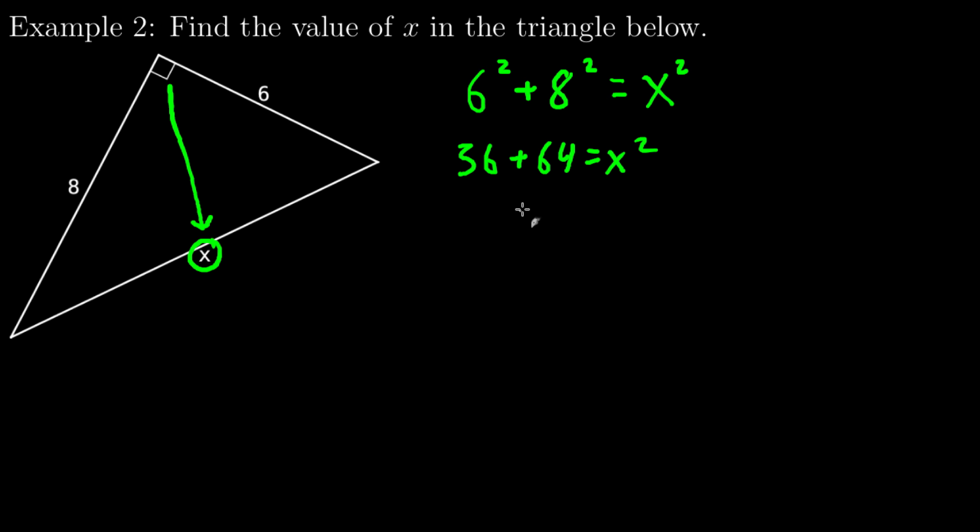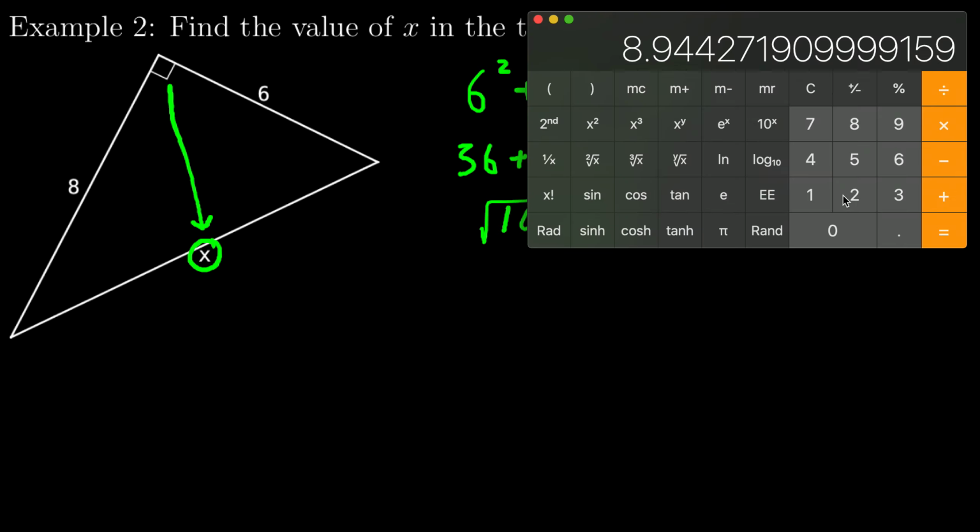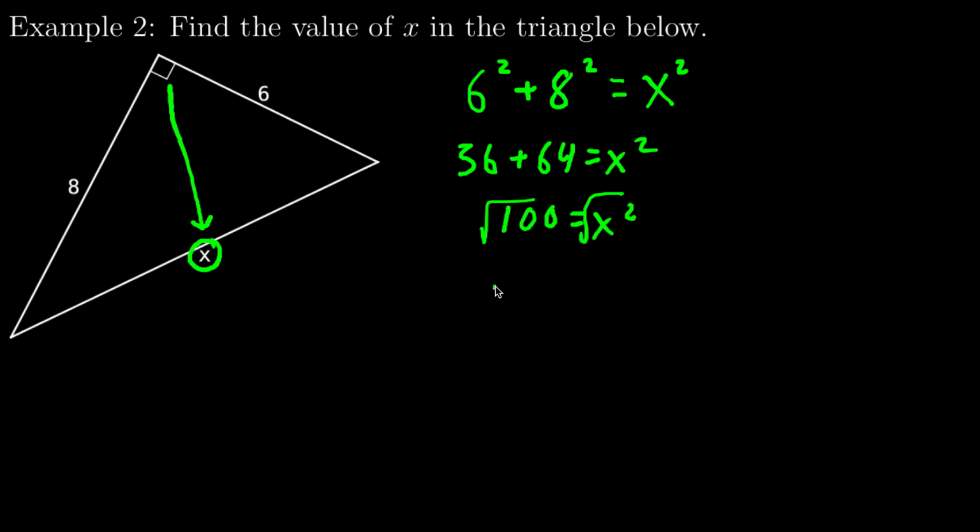I just add 36 and 64 to get 100. And to get rid of the squared, I take the square root. Now, always check to see if that's a perfect square. So the square root of 100 is 10, which means x equals 10 is my answer, and I don't need to break it down to get the exact answer.